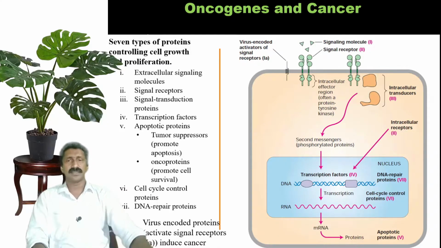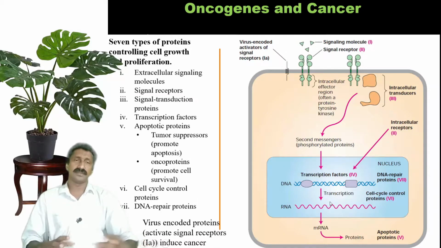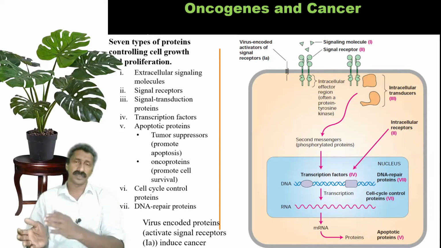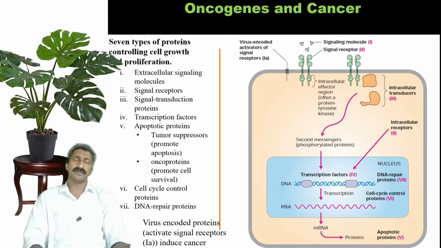Then the next stage is cell cycle control proteins. So of course, here are transcription factors which will act on the level of transcription, and the next stage is the cell cycle control proteins, which will decide whether the cell cycle needs to go for a cell cycle arrest, or whether some repair mechanisms need to be activated before going to DNA replication and cell division.